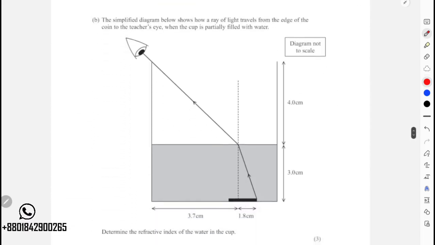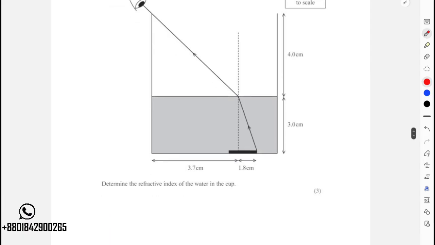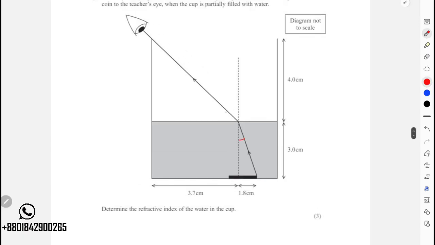Okay, and then again there's a small trigonometry. Determine the refractive index of the water in the cup. Now, you can find out this angle very easily, and you can find out this angle also quite easily.